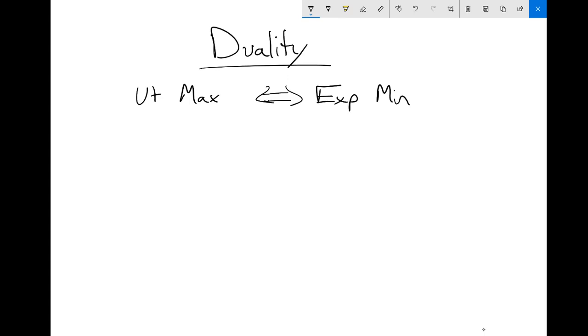I've said that these two are dual problems. That means they're kind of inverse problems. They are both attempts at arriving at the same conclusion, that is, the optimal values, but they're coming at it from different directions.